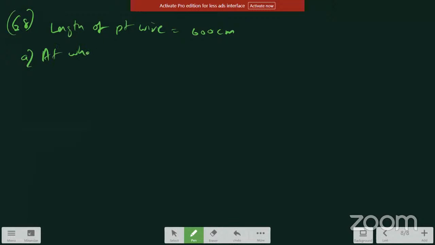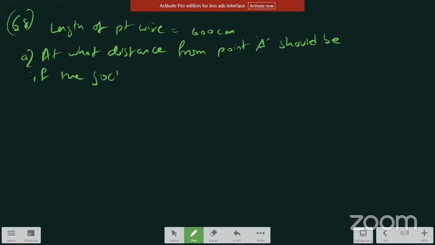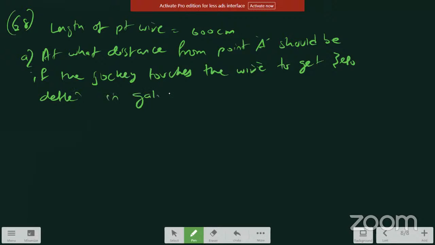At what distance from point A should the jockey touch the wire to get zero deflection in the galvanometer?